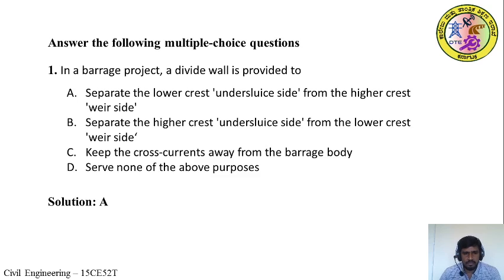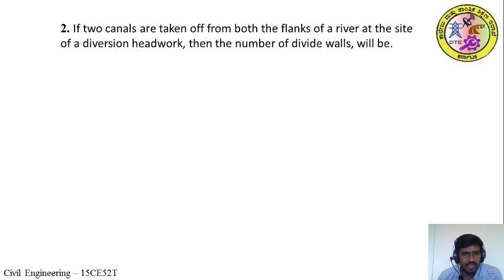Okay, let's move to the next question. If two canals are taken off from both the flanks of a river at the site of diversion headworks, then the number of divide walls will be.